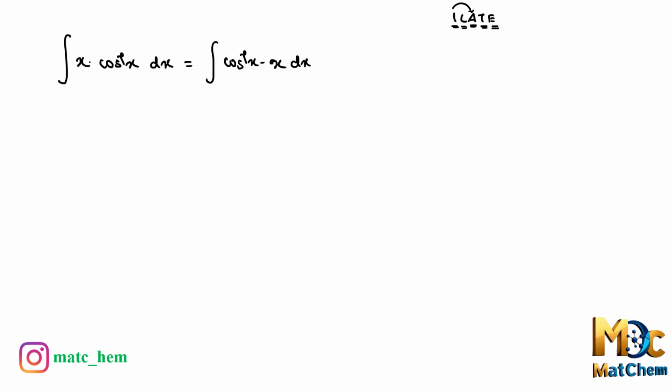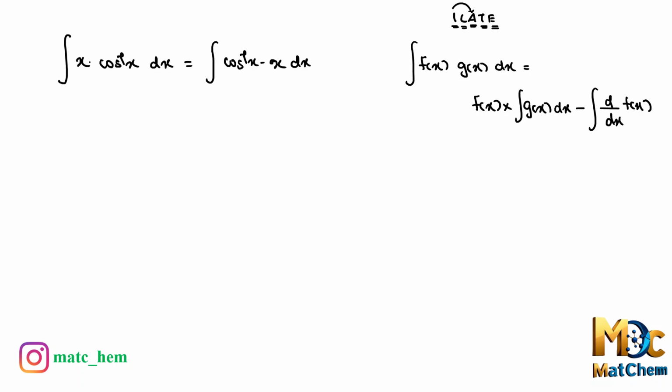If we are doing the integration of two functions, that is integral of f of x into g of x dx, where f of x and g of x are two different functions, the integration will be the first function into the integral of the second function, minus integral of derivative of the first function into integral of the second function into dx.